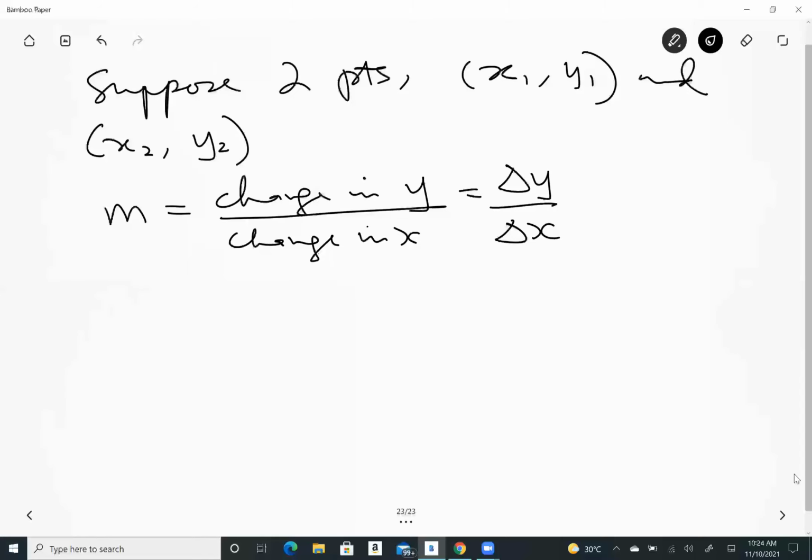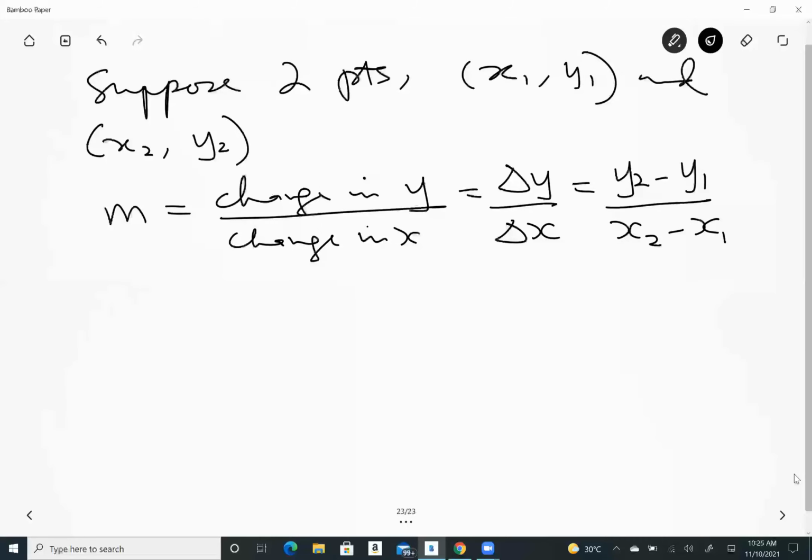Okay, delta y over delta x. Given there are 2 points, in order for you to get the change, you subtract. You take the difference. So that will be equal to y2 minus y1 divided by x2 minus x1. So that's how you get the slope.